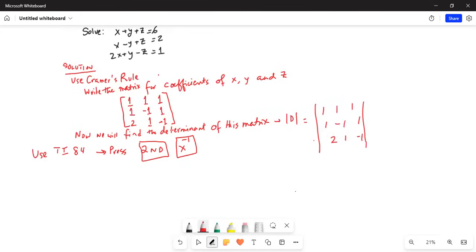Then on the top line, highlight edit, and scroll down. In my case, it is matrix D, which is number 4. Highlight edit, then number 4, and hit enter.